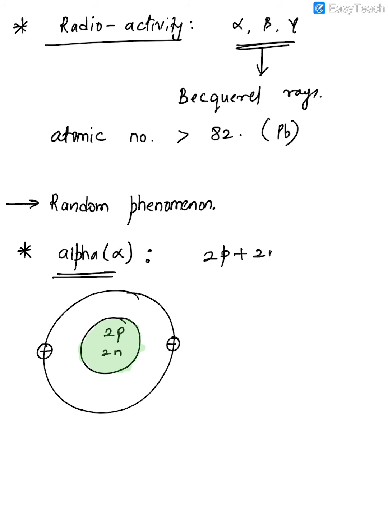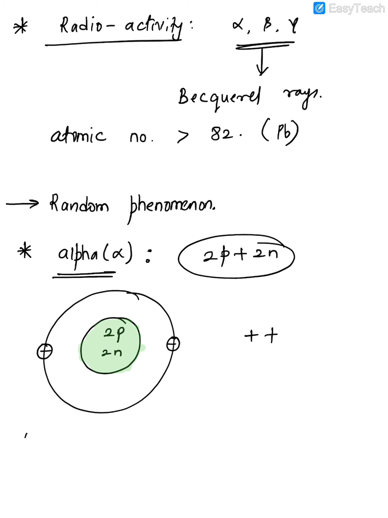Because of that, what must be its charge? Obviously positive, doubly positive. So alpha is mainly the nucleus of a helium atom.